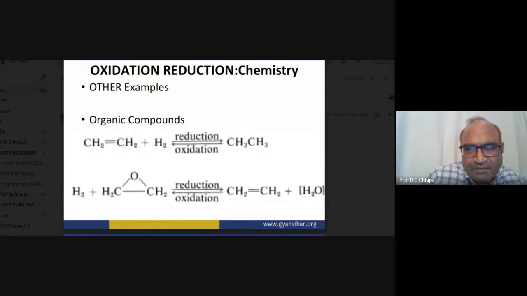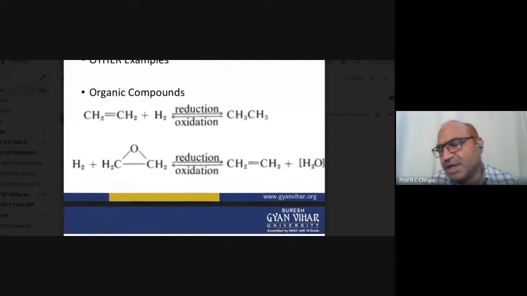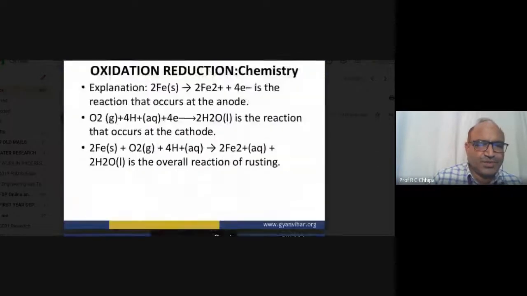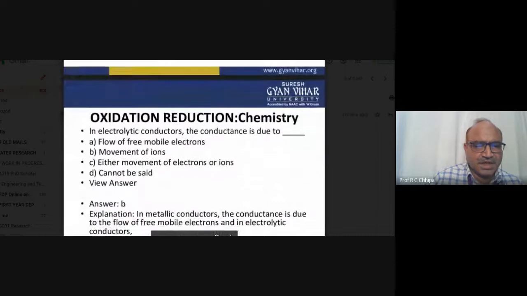If hydrogen is removed, then that is oxidation, and if hydrogen is added, that is reduction. If addition of hydrogen gives us the saturated compound, that is also important. So reduction and oxidation are most important, and these are certain examples.